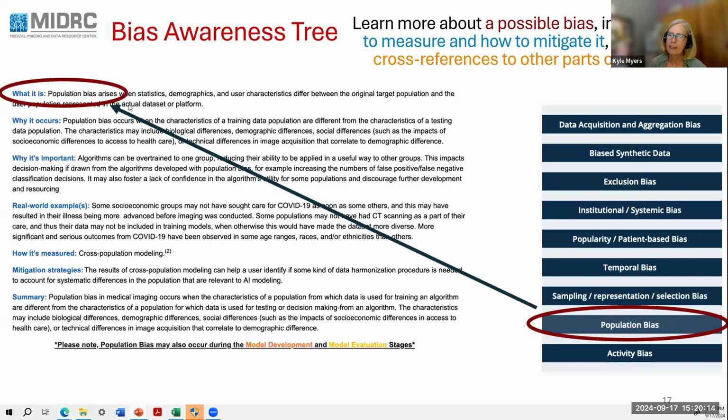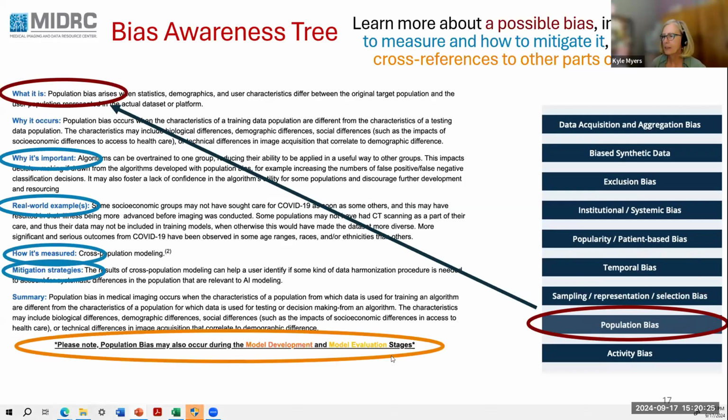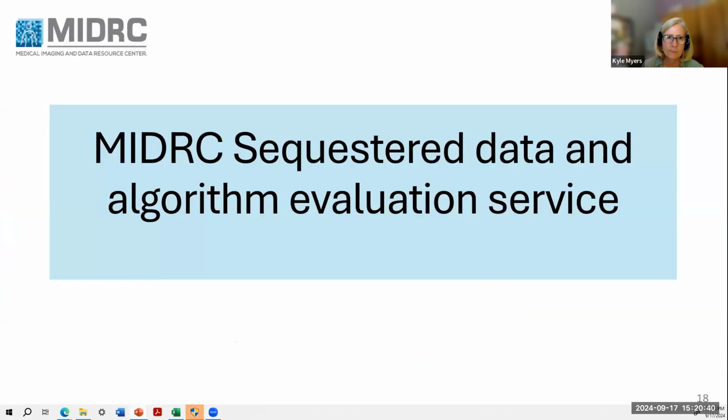It tells you what that bias is, why it's important, where you might find some real-world examples, how you might mitigate it, and various places along the development pipeline where you might see this enter into the process. Here again, this is something that we intend to be useful far beyond the users of MIDRC data. It's general. So now let's turn our attention to the MIDRC sequestered data and the algorithm evaluation service that we're building.